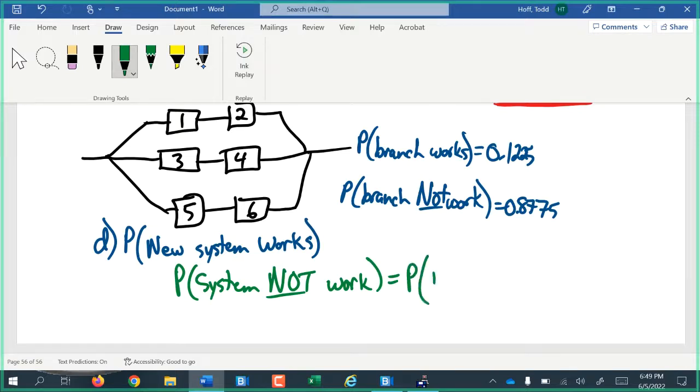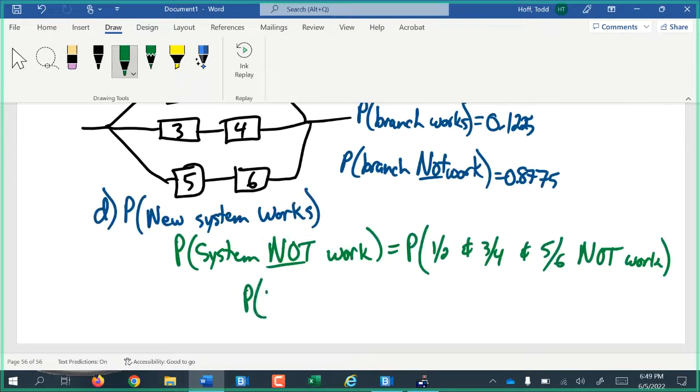That's the probability of the 1, 2, and the 3, 4, and the 5, 6 all not working. If any one of the subsystems works, the whole system then works. So this is just the probability of the 1, 2 not working, times the probability that the 3, 4 does not work, times the probability that the 5, 6 does not work.